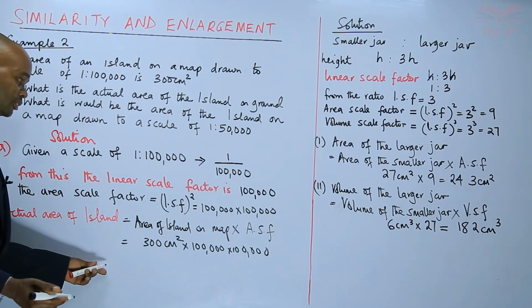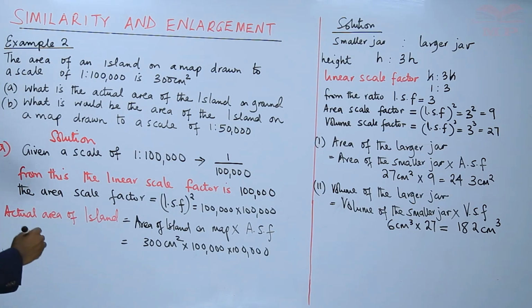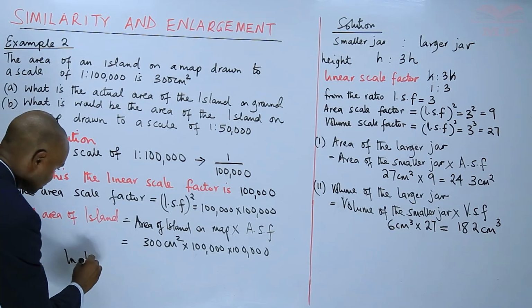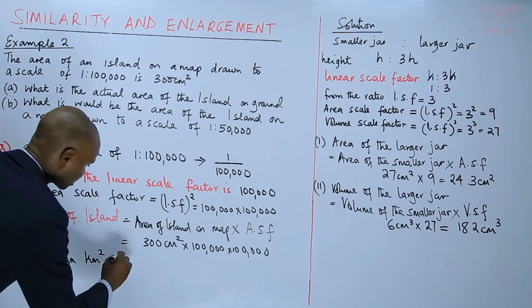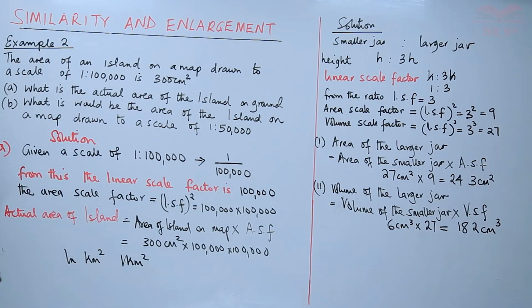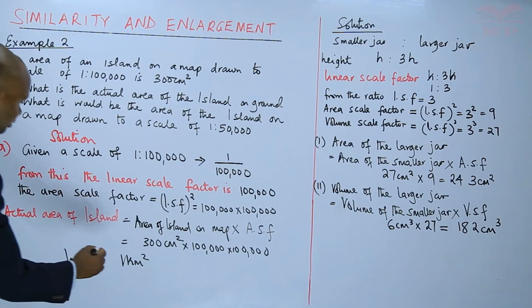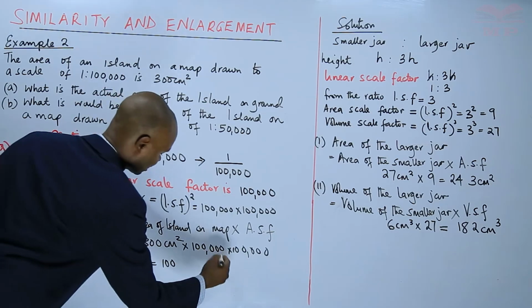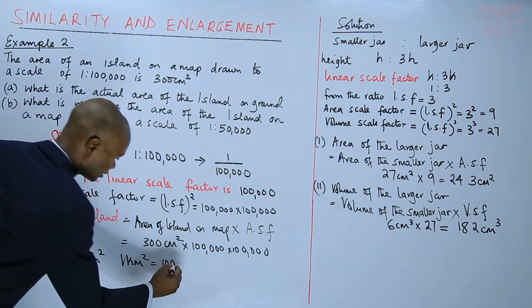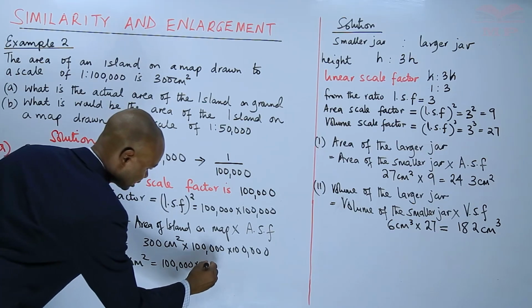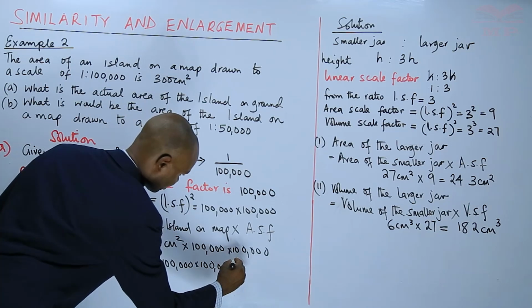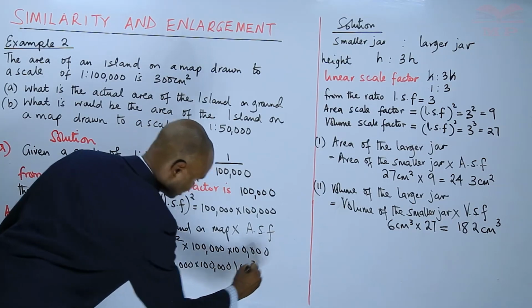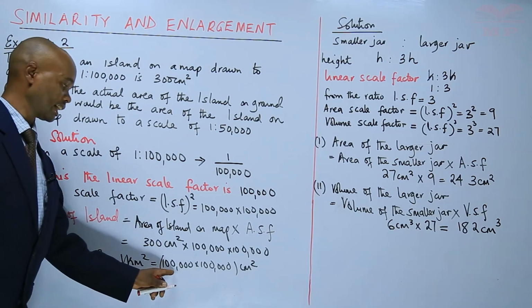If they had asked you to find it in kilometers squared, you would have to work out 1 kilometer squared. 1 kilometer squared is actually equal to 100,000 times 100,000 centimeters squared, because 1 kilometer is 100,000 centimeters.